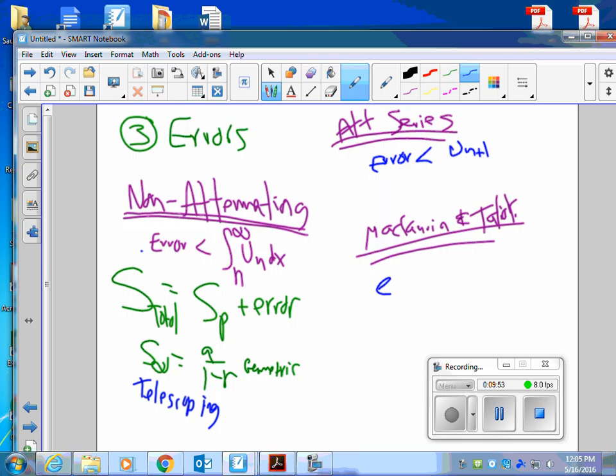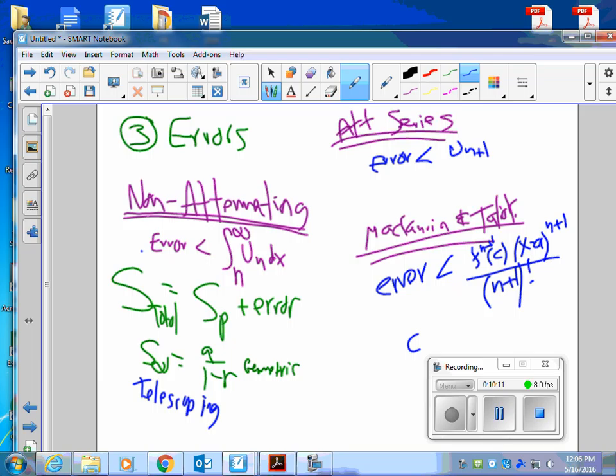Same thing with this one. The error was a little less than c times x minus a to the n plus 1 over n plus 1 factorial. But it's still the next term.